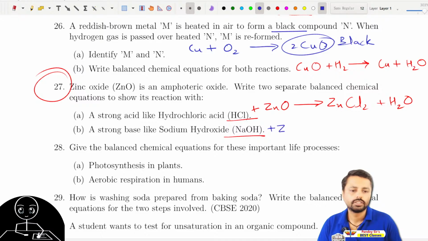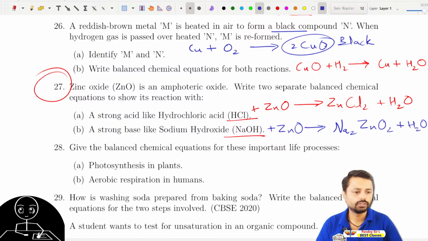Now NaOH plus ZnO must give you H2O as a product, and Na2ZnO2. Is it correct? Plus H2O.